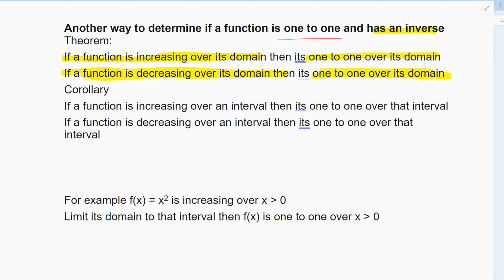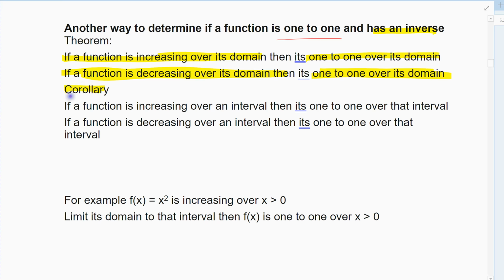And so if my function doesn't have any turning points, and it's entirely increasing or entirely decreasing, it's one-to-one, because no place can it turn around and hit the same y value. And so what we can do is use this corollary.